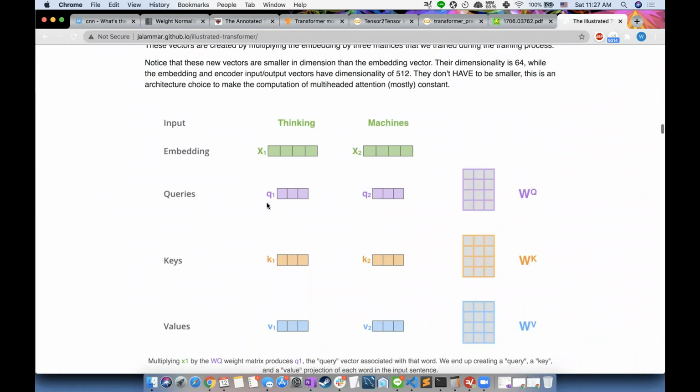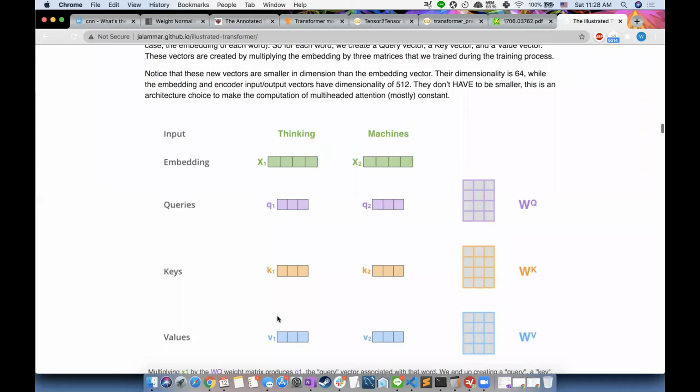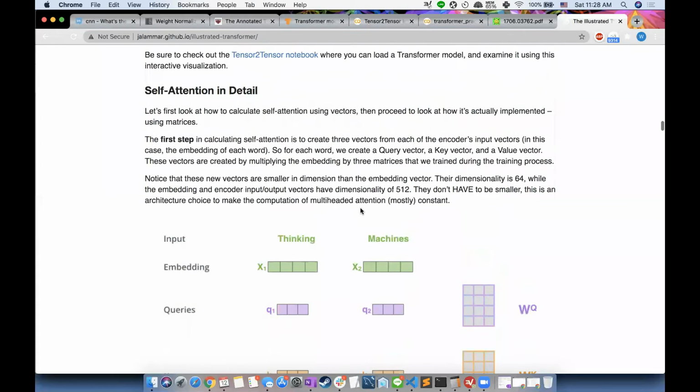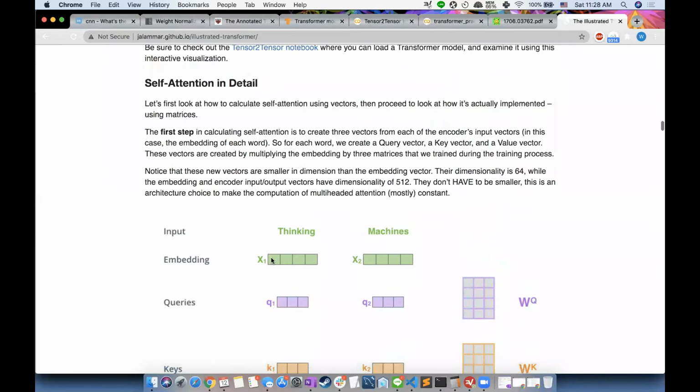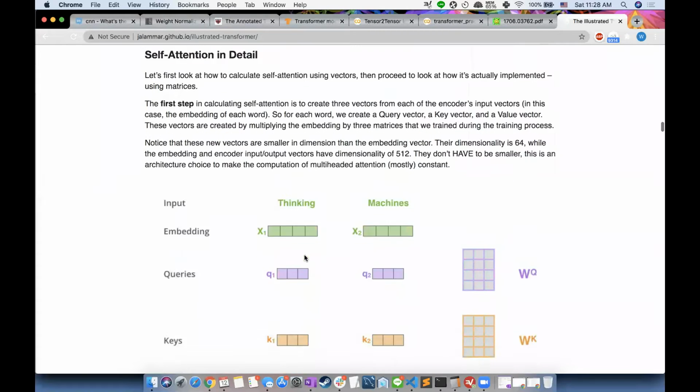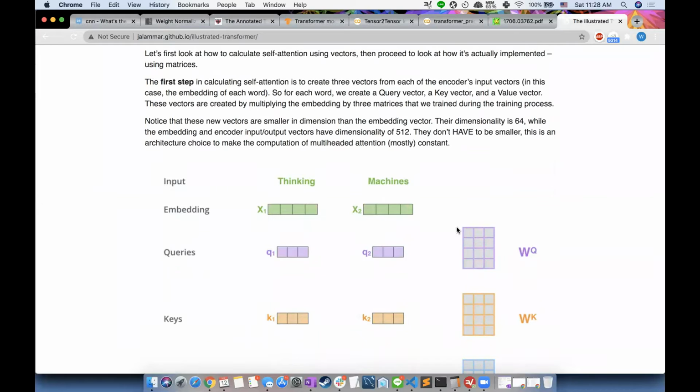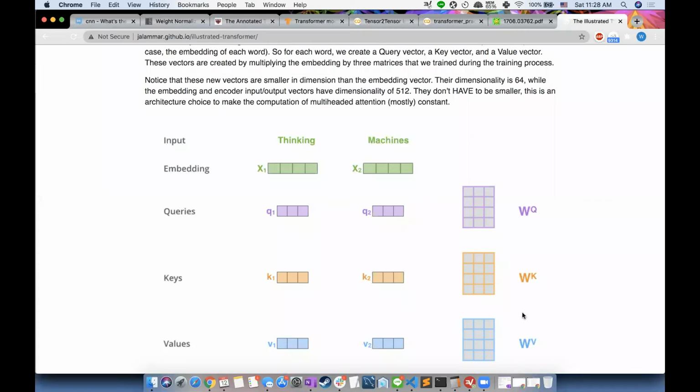Obviously Q relates to queries, K relates to key, and V relates to value. And how are they calculated? They're calculated by multiplying X1 or X2 with a weight matrix, and those are weights to be trained.